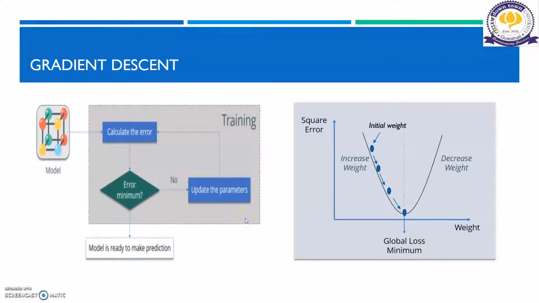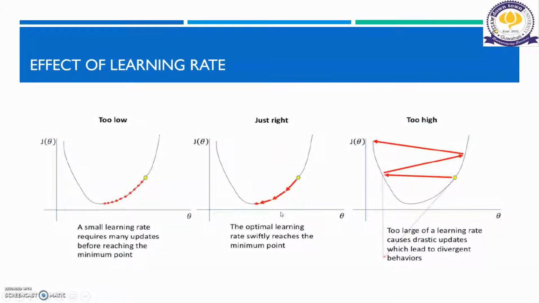Now, the size of the steps we take on each iteration to reach that minimum is determined by the learning rate. Here, the learning rate plays a very important role, so just see it carefully. The learning rate determines how big the step would be on each iteration.